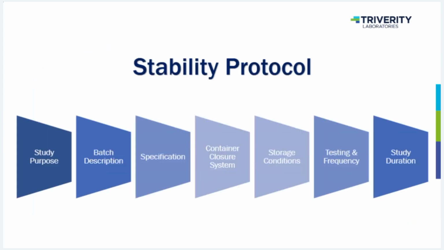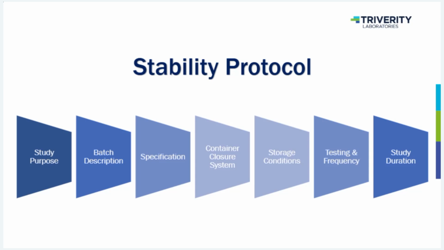And then you draft your stability protocol. Your stability protocol should have the study purpose. Is this primary stability? Is it a development batch? Is it a commitment batch? Packaging change, things like that. What batches are you using and the description for those batches? And then you can put the specification in your stability protocol or have a reference to a published specification.